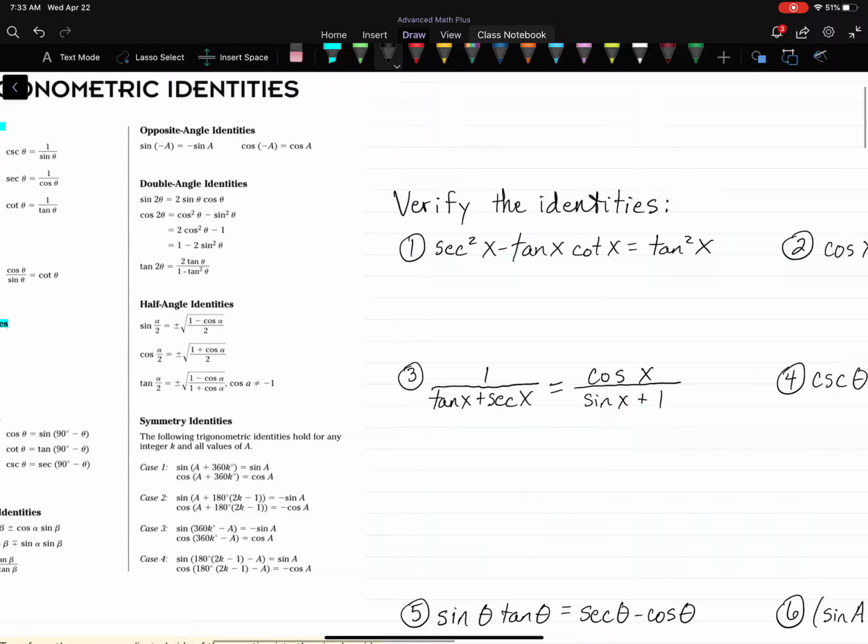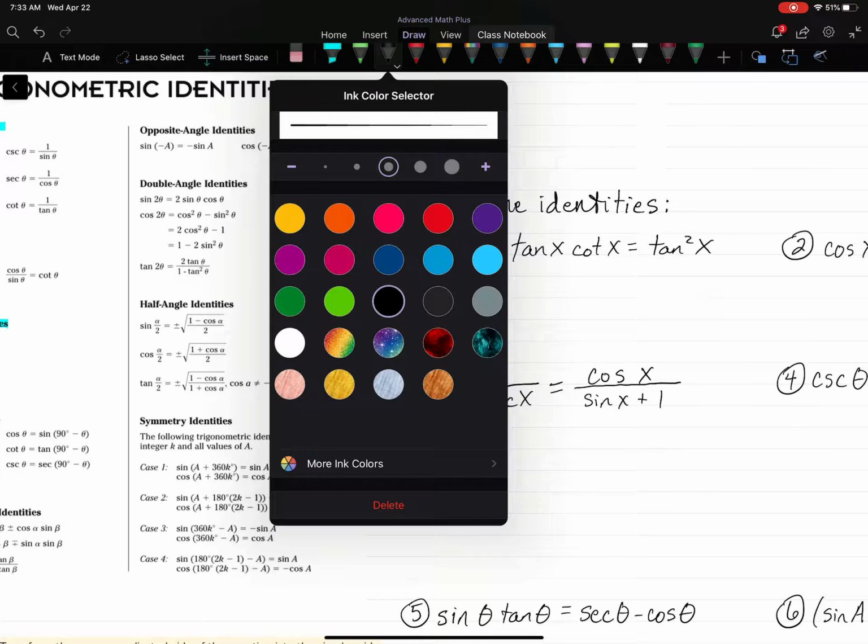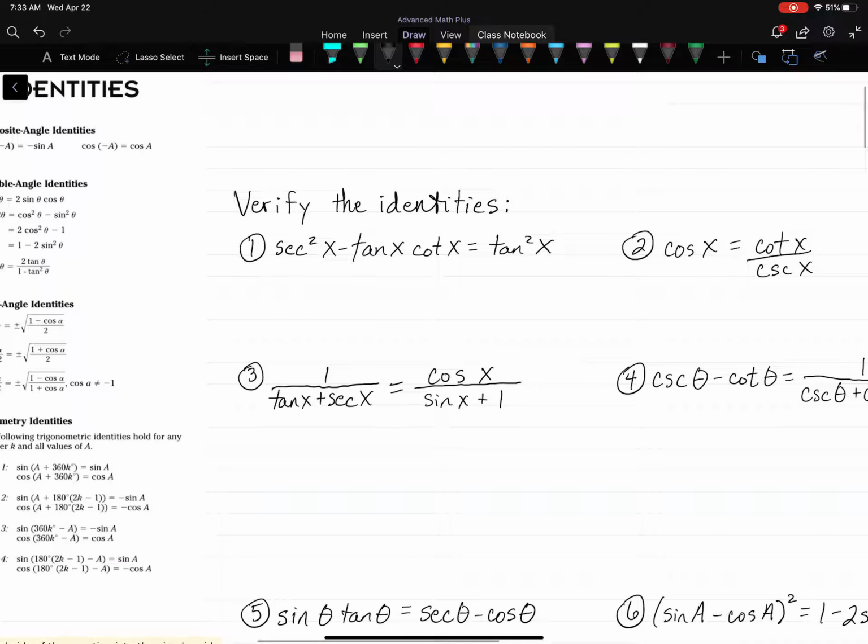Here is a pretty simple one, believe it or not. I'm going to leave secant squared just like it is for now because what I see is a tangent x times a cotangent x. Hopefully you remember that tangent and cotangent are reciprocals, and anytime you multiply reciprocals, you always get 1.